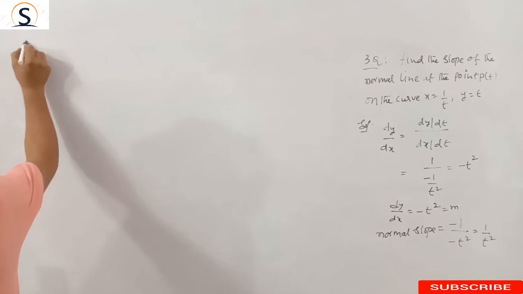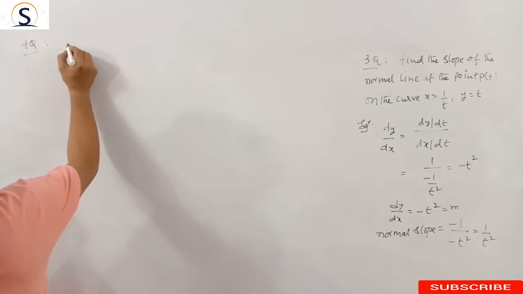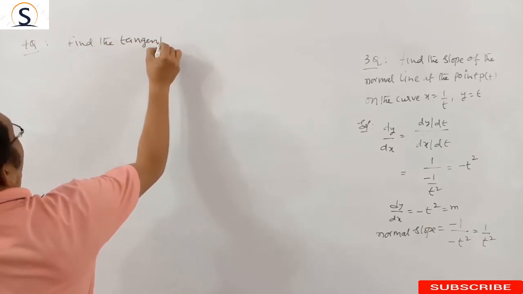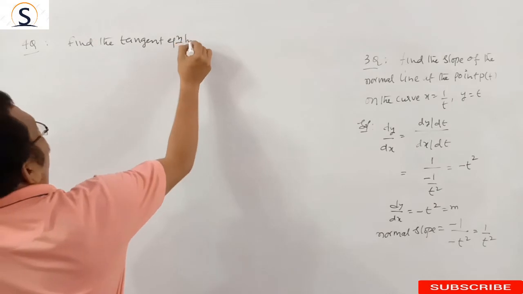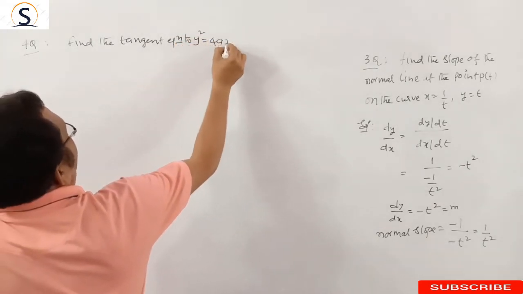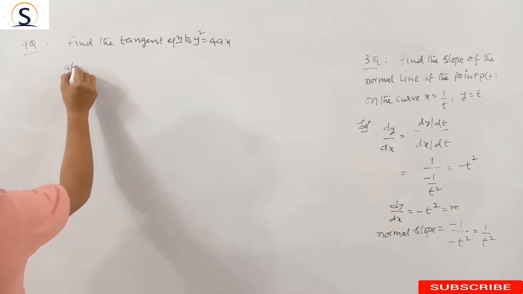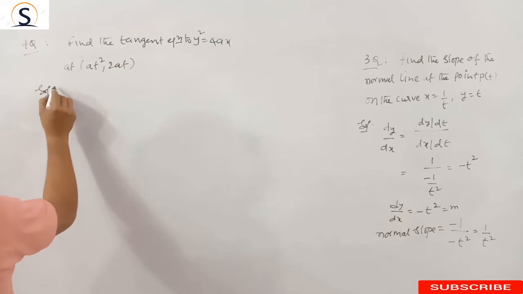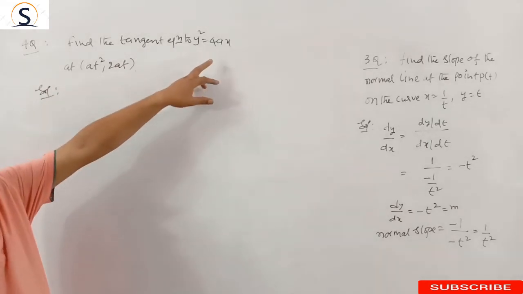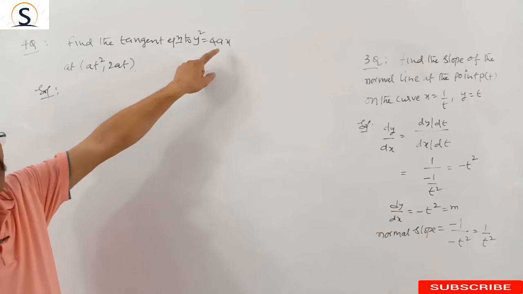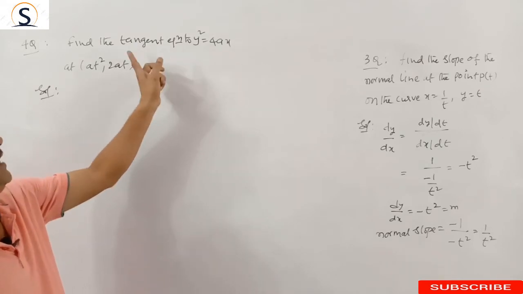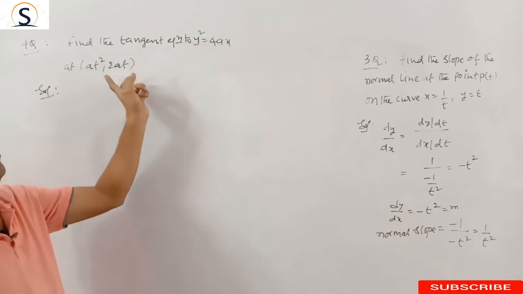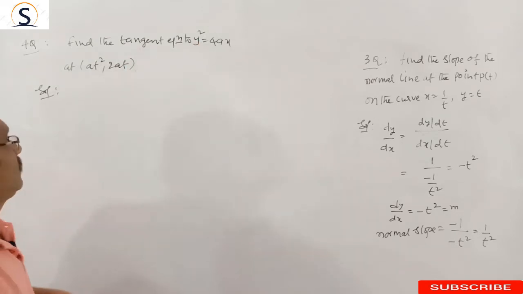Next, in the fourth question, it is given: find the tangent equation to y square is equal to 4ax at the point (at square, 2at). That means y square is equal to 4ax is a parabola, and this point lies on the curve. We want to find the slope of the tangent, and then the tangent equation at this point to the curve y square is equal to 4ax.